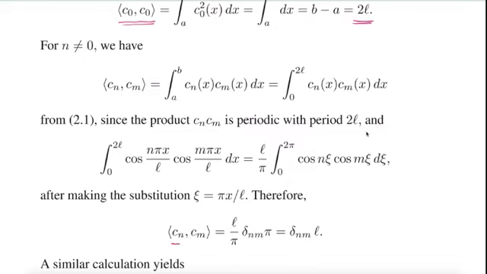So here we have Cn and Cm, cosine with an n, cosine with an m, and we get a delta nm times the interval length L. So this certainly also means the inner product of Cn and Cm is 0 for n not equal to m. Only if they have the same index we get something, and the something which we get is L.